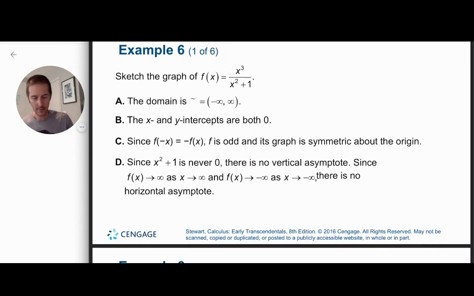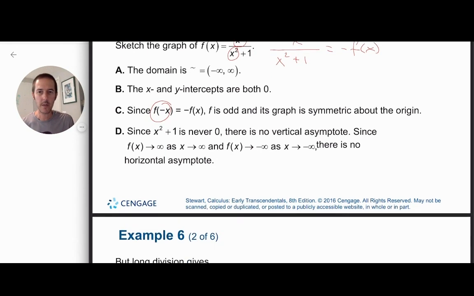Plugging in a value of negative x into our function, a negative number cubed remains negative. A negative number squared would become positive. Does that indeed equal negative f of x? It sure does. So this is definitely an odd function, and it will be symmetric about the origin.